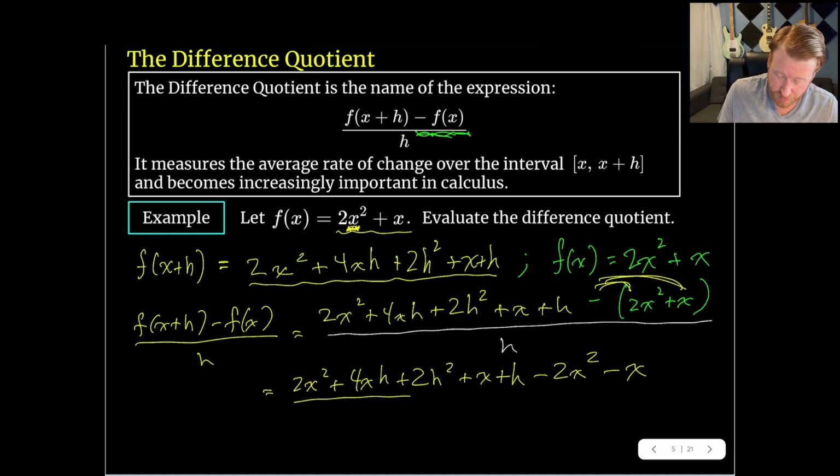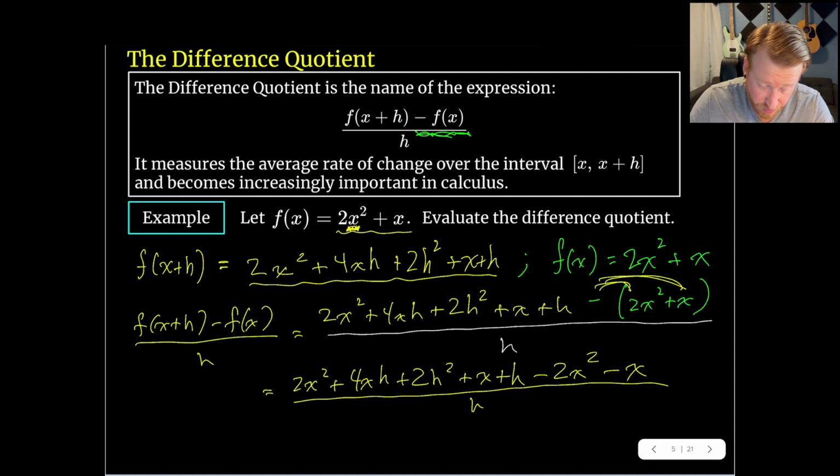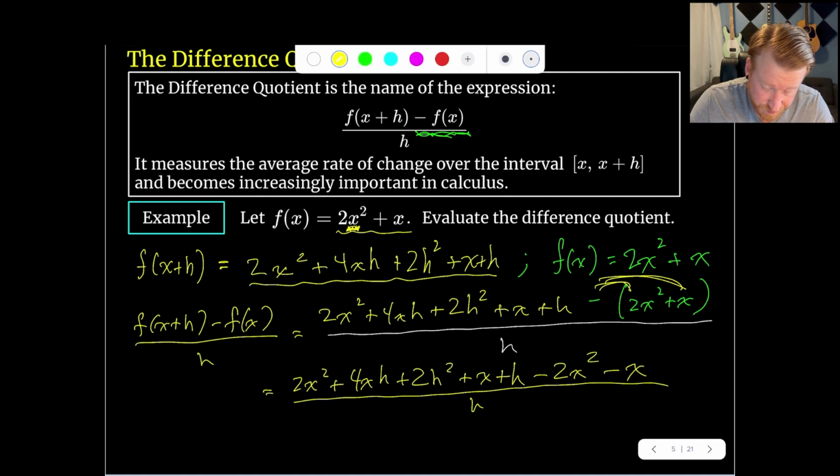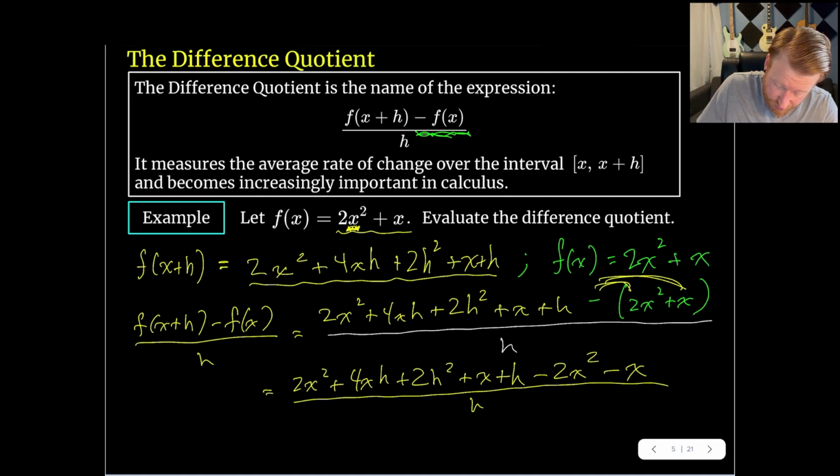This is all going to be over h, and we should get some stuff to cancel in the numerator now. So if I'm looking, I've got a positive 2x squared here and a negative 2x squared there. They're undoing each other. Those sum to 0, so I can get rid of those. And I can see that I've got a positive x here and a negative x here. So I can cancel those out as well.